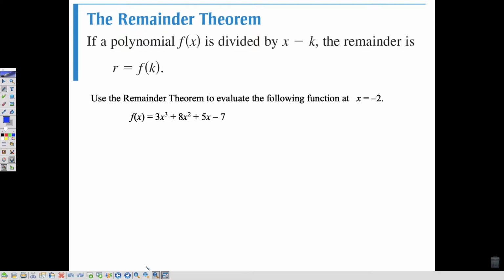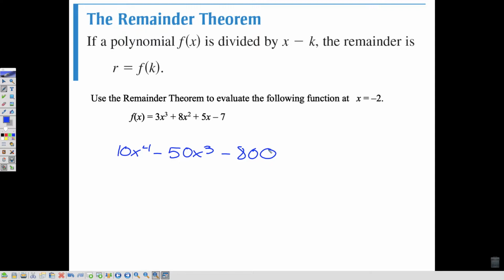So when I divided this polynomial over here by 6, and I got the remainder of 1,360, that is the answer I would get if I would have plugged 6 into that ridiculous polynomial, 10x to the 4th minus 50x to the 3rd minus 800.